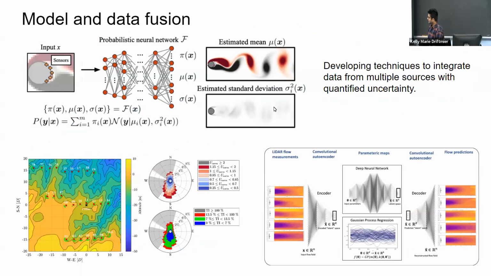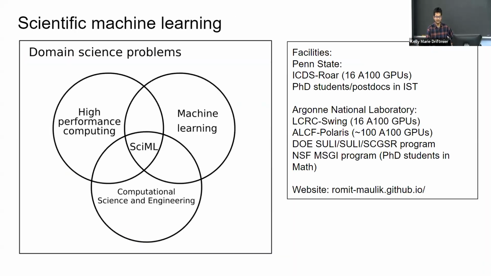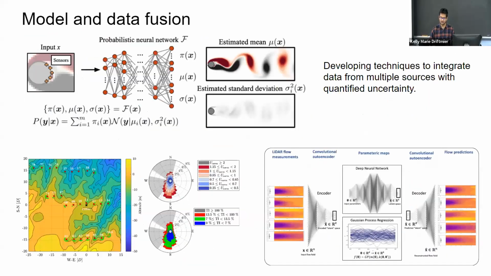Other things that we work on include this concept of model and data fusion. If you think about the slide I showed you right at the top, which is to start with a domain science problem and then try to address it head on, grab the bull by the horns, that's something I'm trying to pitch with these machine learning methods.